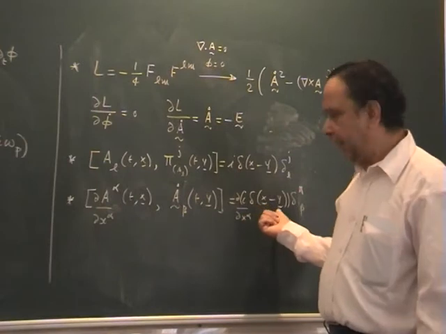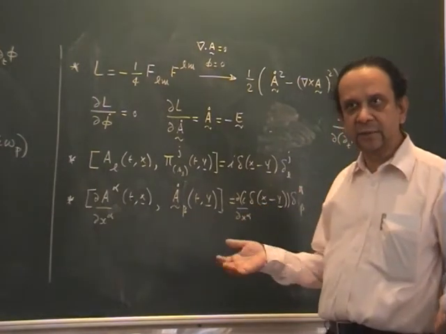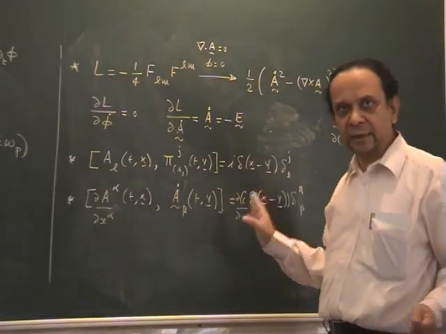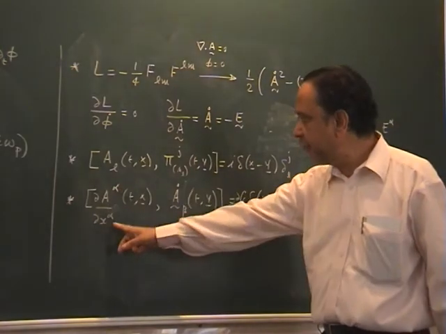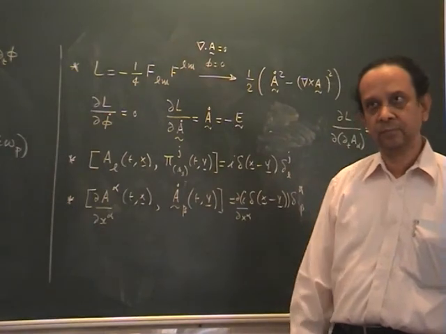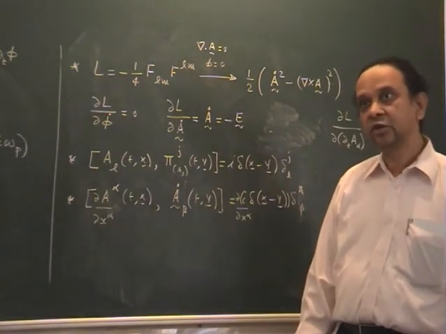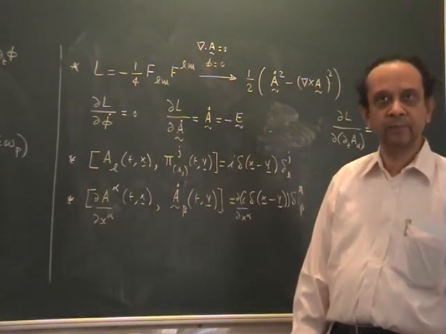The derivative of the Dirac delta function is a kind of a singular object, but it is not 0. Okay, acting on some function, it will produce the derivative of that function. But left hand side, we want to impose this to be 0. Okay, so we again run into trouble.